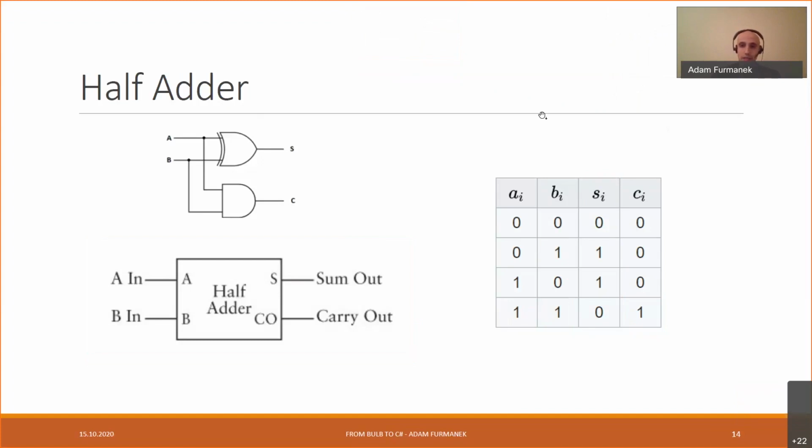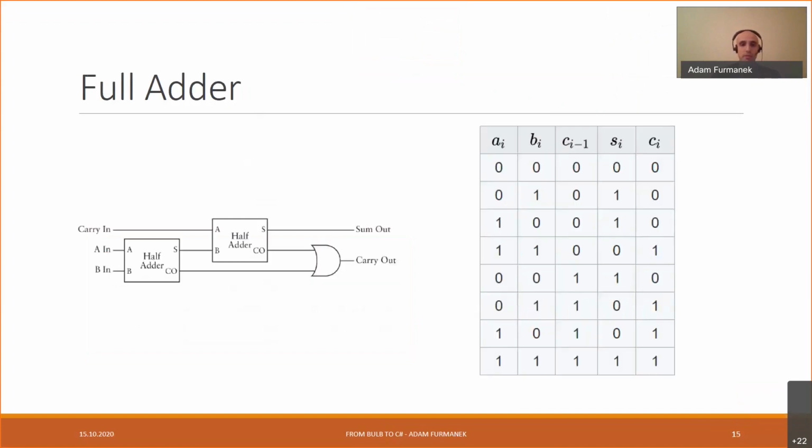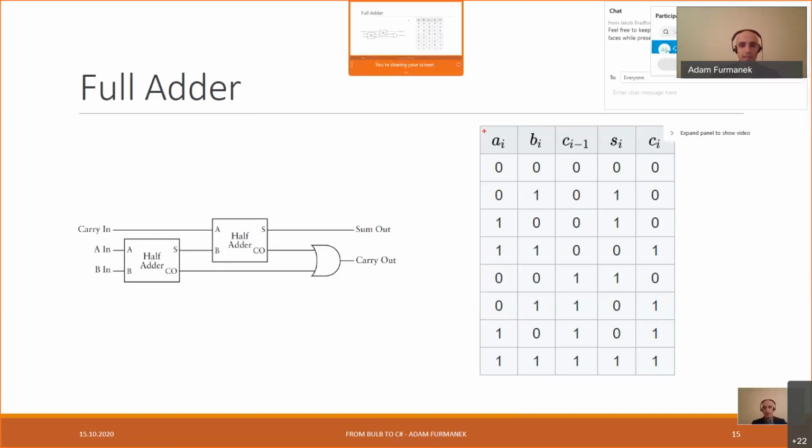Then using half adders, we can start building the full adder. The full adder is only slightly more complex, because it takes the digits which need to be summed together, but it also takes the carry bit from adding the previous two digits. So as input, we take two digits to be added and the carry bit from the previous addition.